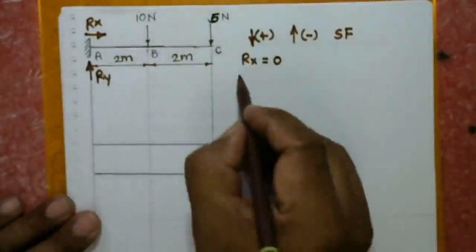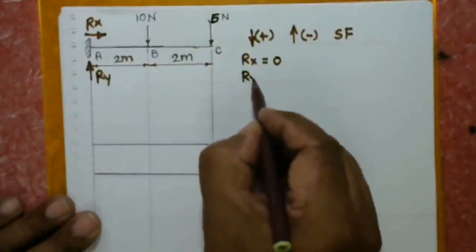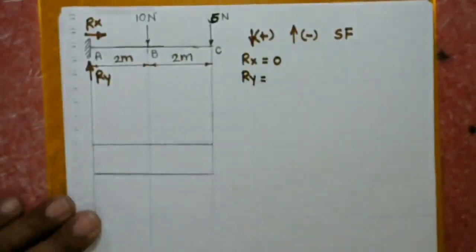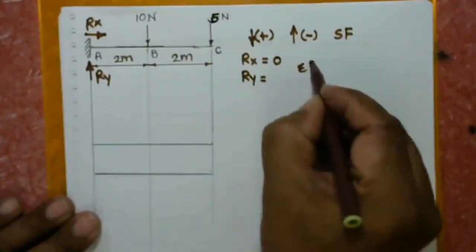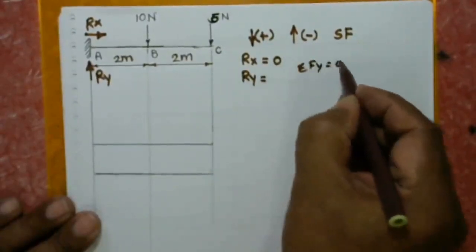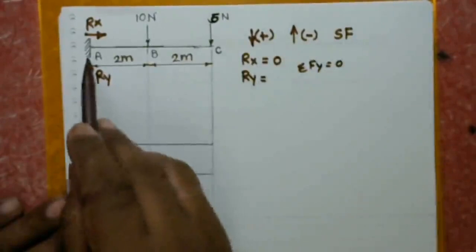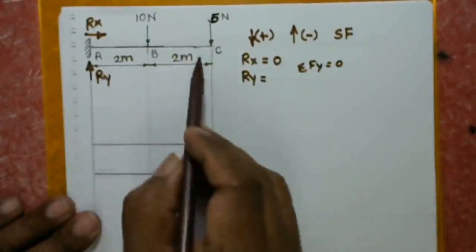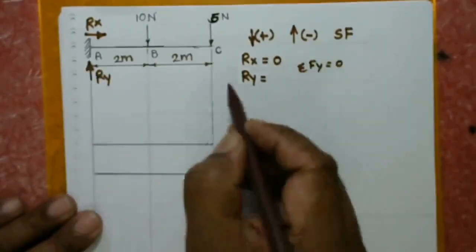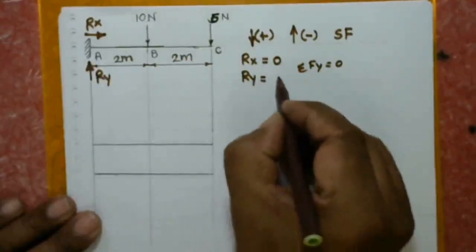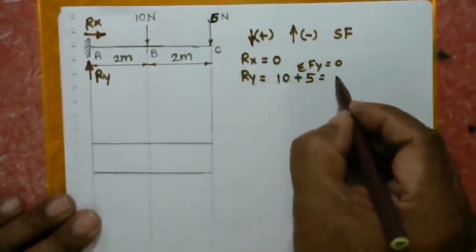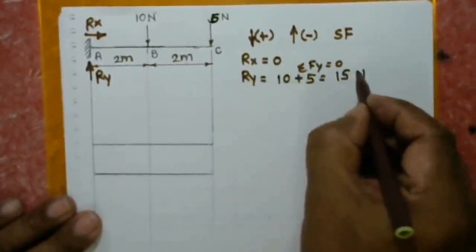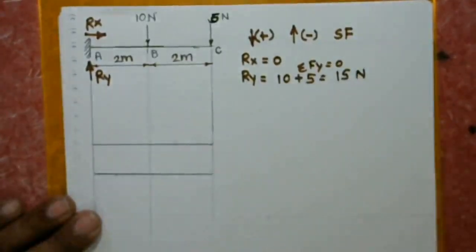We have to calculate the vertical reaction Ry. For that we consider summation Fy equal to 0. Ry goes in the upward direction, whereas the 10 and 5 Newton forces act downward. So Ry is equal to 10 plus 5, which becomes 15 Newton, the reaction acting at point A in the vertical direction.